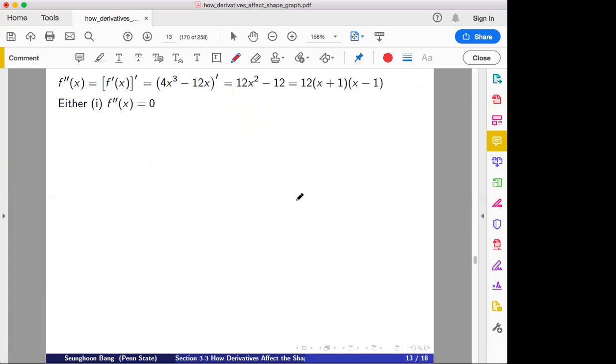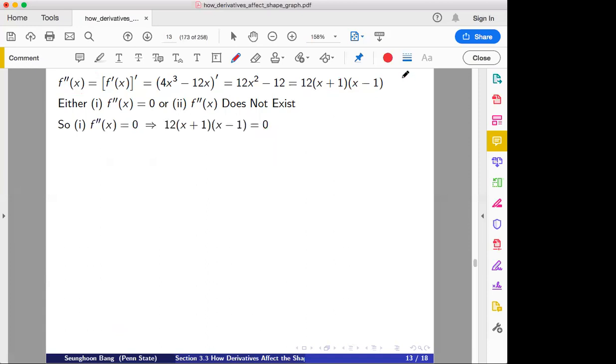So next, you can check concave up or down. How can you check concave up or down? The second derivative positive, or the second derivative does not exist. We can check these kinds of things. So second derivative equal to 0, what's that? This is second derivative equal to 0, exactly. The factored form equal to 0.